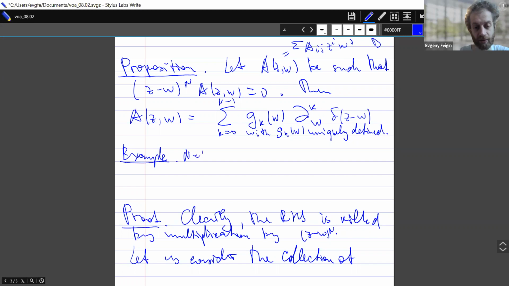So n is 1, meaning that (z minus w) times A is 0. I want to conclude that A is g of w times delta of z minus w.